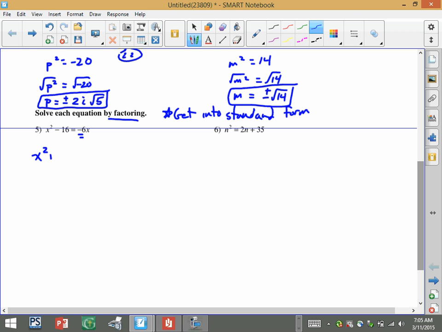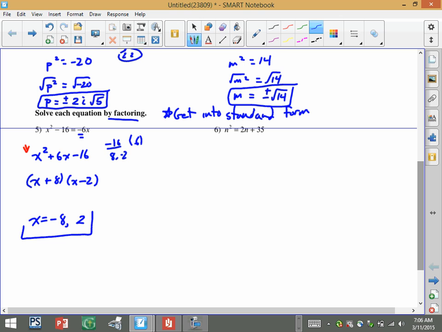Move that -6x over, turns into plus 6x minus 16. So we need factors of -16 that add up to be 6. I believe 8 and -2 will do it. So x plus 8, x minus 2. There is no bottoms up here because there's no leading coefficient, which means now I can just do the opposite of what's in there. So x is either -8 or +2.